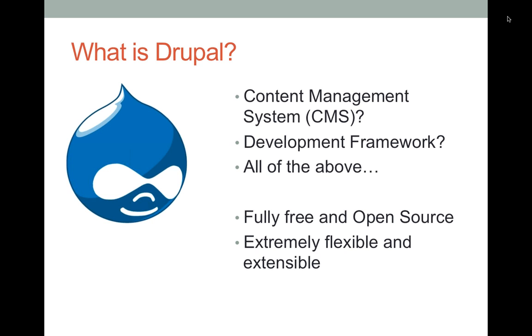Some people say it's a bit more than just managing content, but I would probably say it's all of the above. It can just be a basic content management system, but it can also be something a lot more complex. And what does content management system mean?